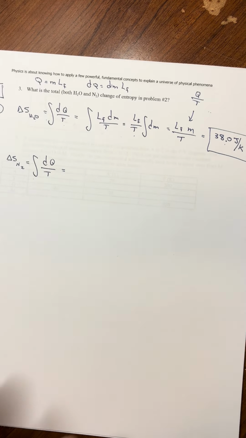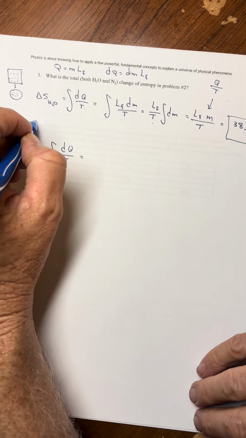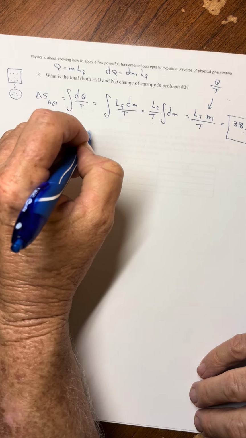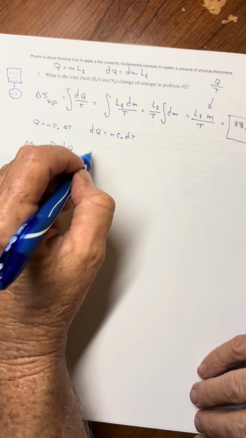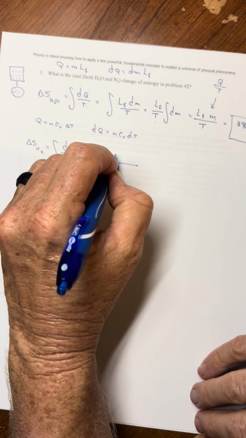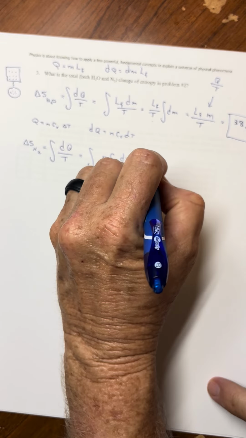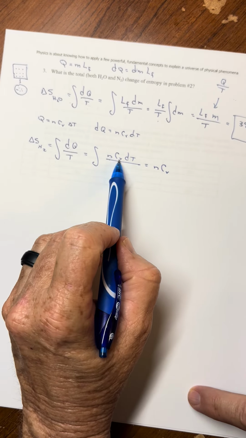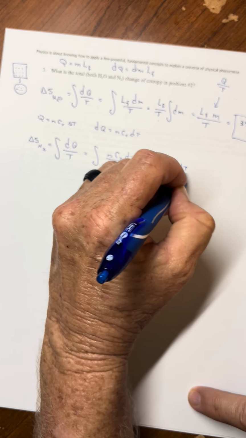Okay. Now, doing that same logic for the nitrogen gas, but of course remembering Q equals n C_V delta T, or microscopically, a little bit of energy would be n C_V dT. This then would be the integral we have to solve to calculate the entropy of our nitrogen gas. The number of moles and the molar specific heat at constant volume are constants, so I'll pull those out in front.